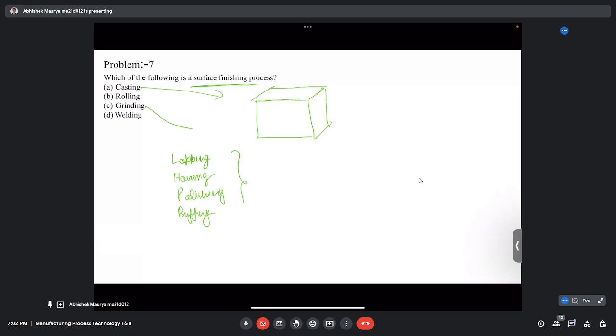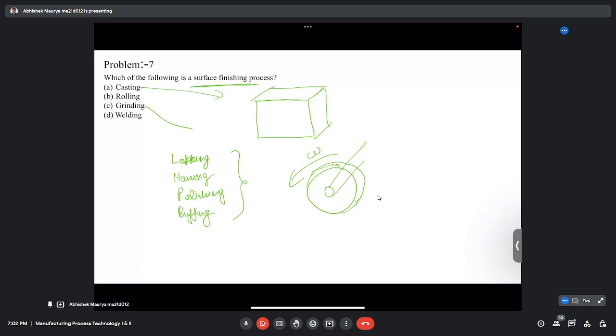So in grinding, we have a rotating tool. So let's say this is a grinding tool. I will try to make it. Or it is a grinding wheel. It is rotating, let's say, at a speed of omega.